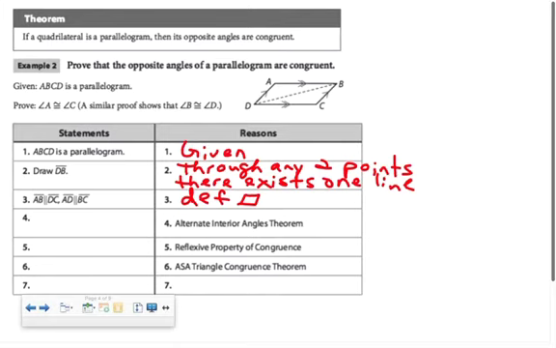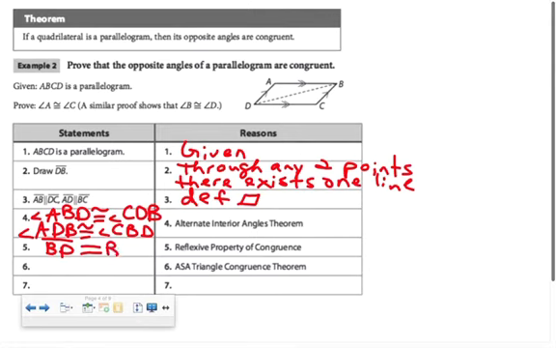Alternate interior angles theorem, we saw that earlier. Angle ABD congruent to angle CDB. Angle ADB congruent to angle CBD. Segment BD is congruent to itself because of the reflexive property.